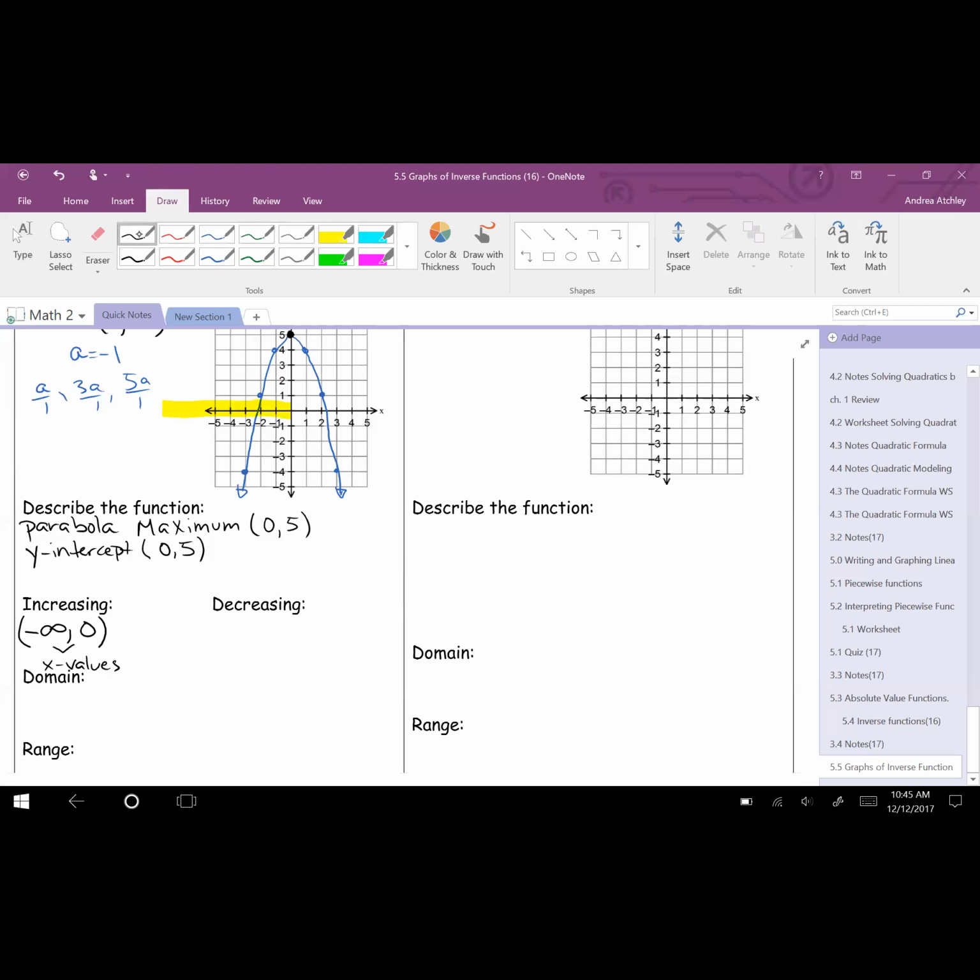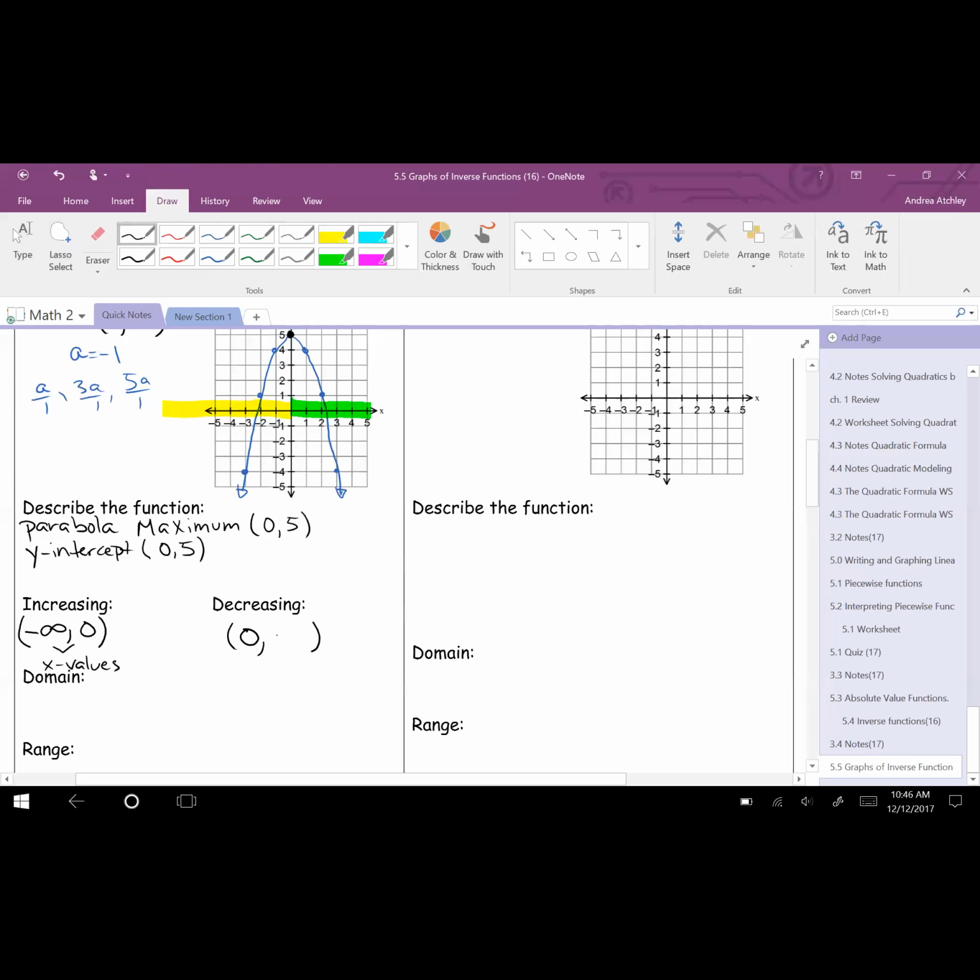Now, when I'm decreasing, I start decreasing at 0 for x again. So as I get here, now all of a sudden, I am starting to decrease, go down.